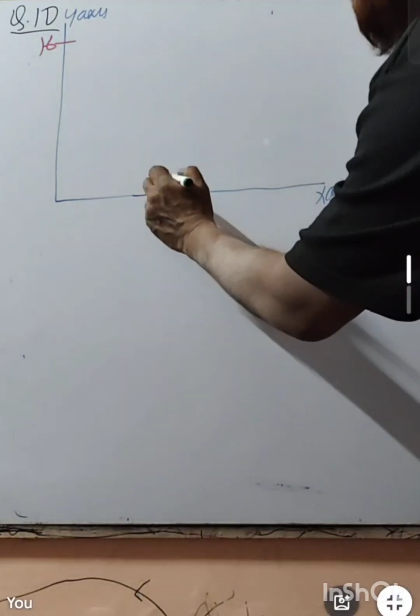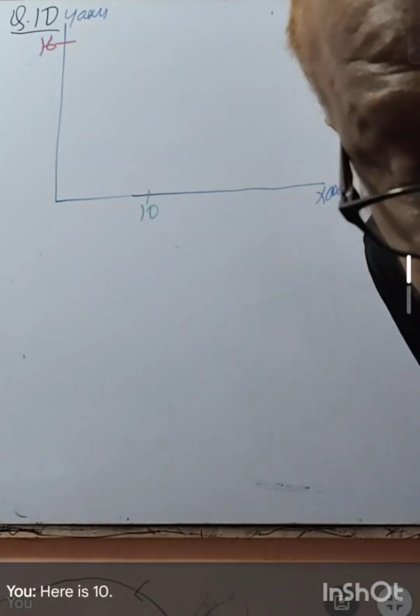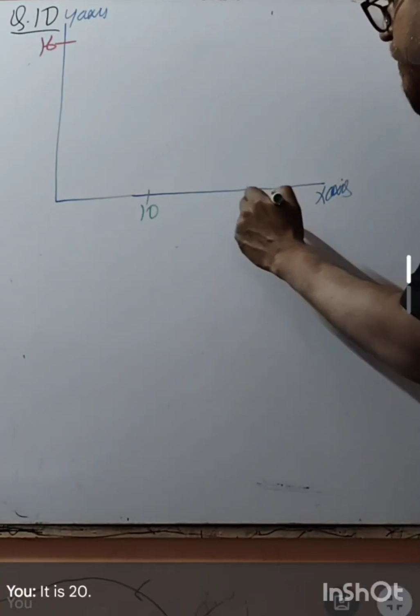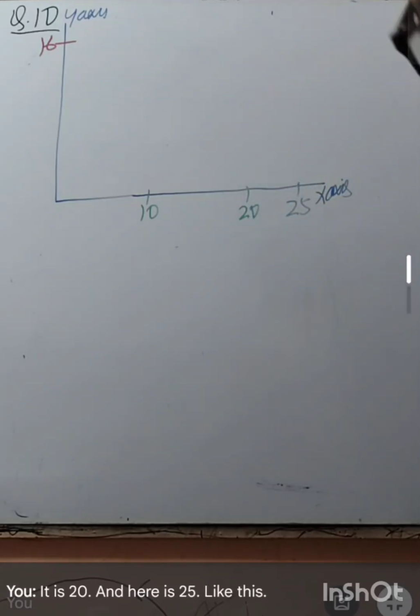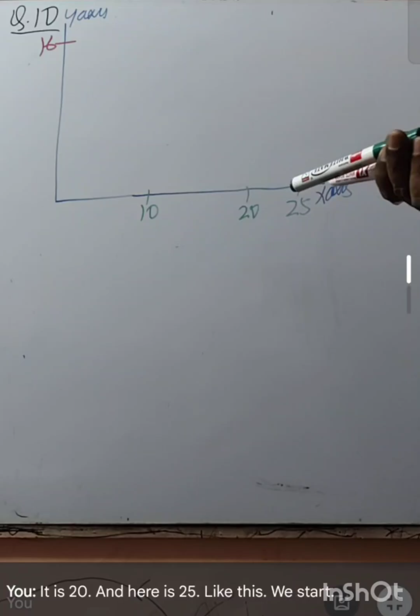Here is 10. Here is 20. And here is 25. Like this. We start from 0.